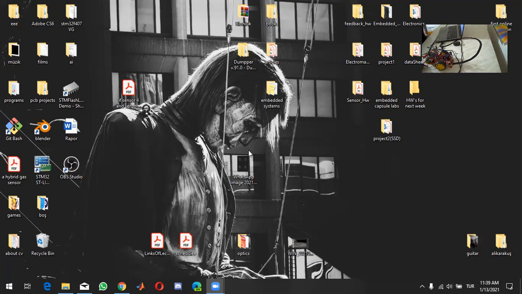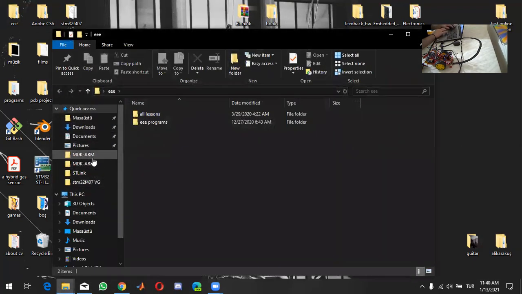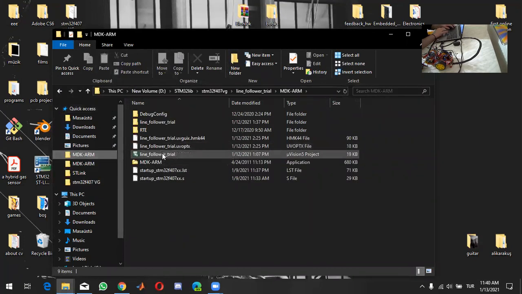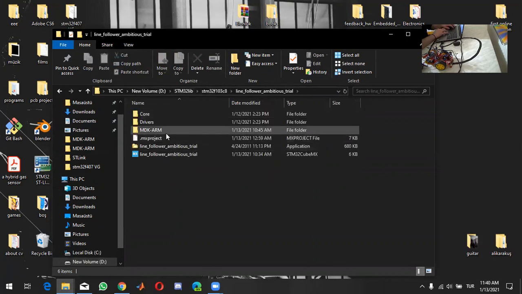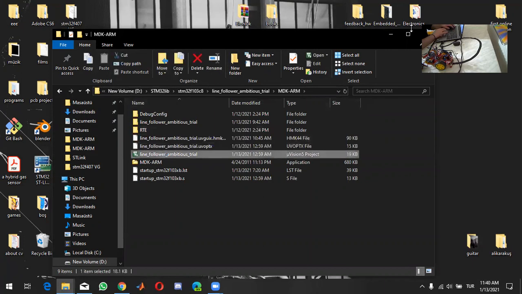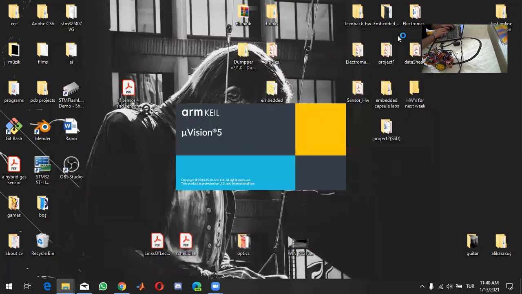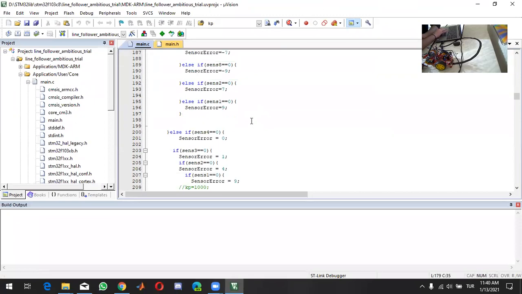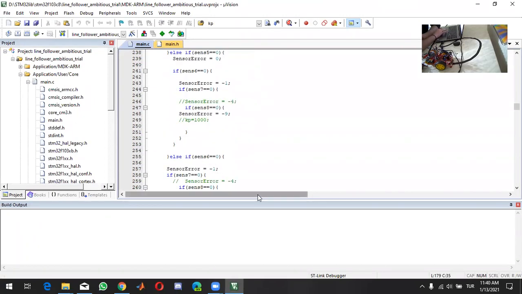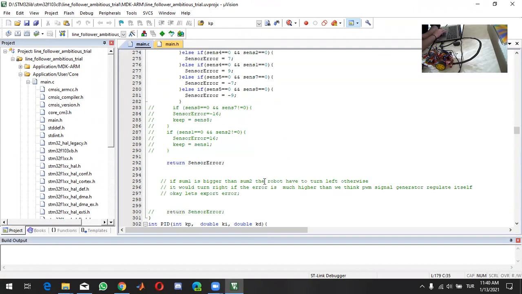Okay. Another thing that I have to share with you is the PID algorithm. Right there, this is my whole algorithm.